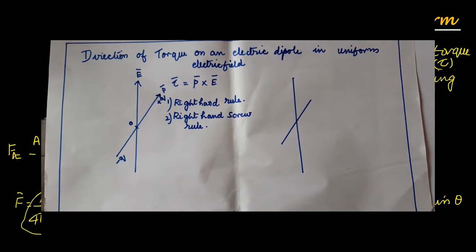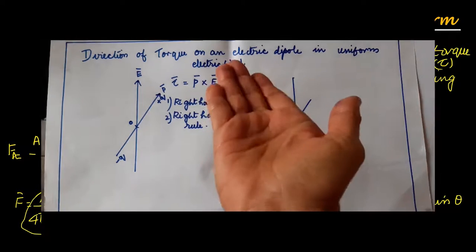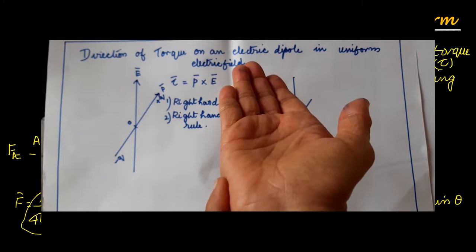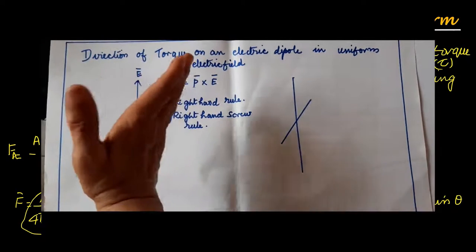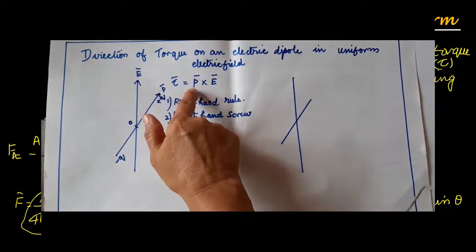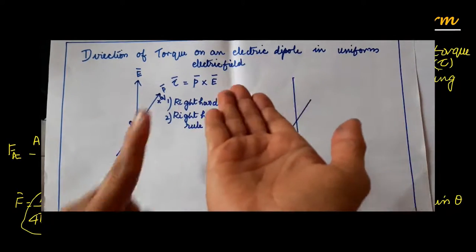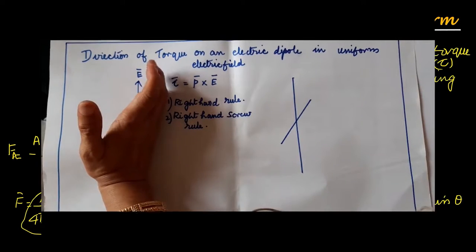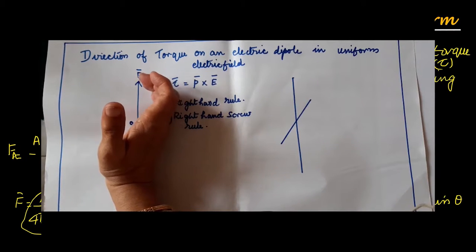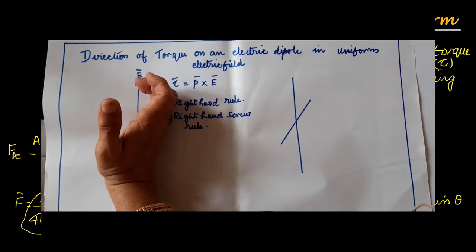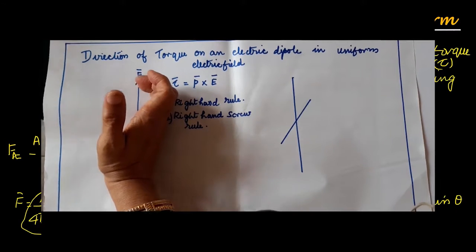I will first demonstrate how right hand rule is applied in this case. The right palm is kept on the first vector along the little finger. This is the first vector P. So it is placed on that along the little finger. The fingers are then curled towards the second vector, that is towards the direction of the electric field.